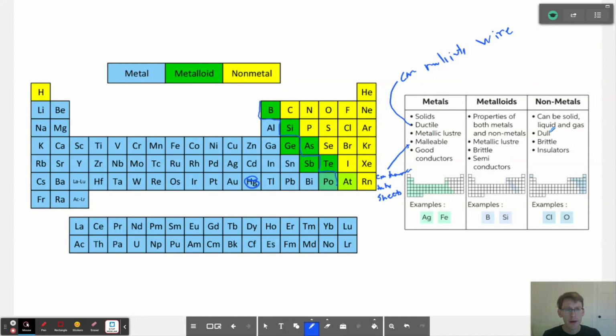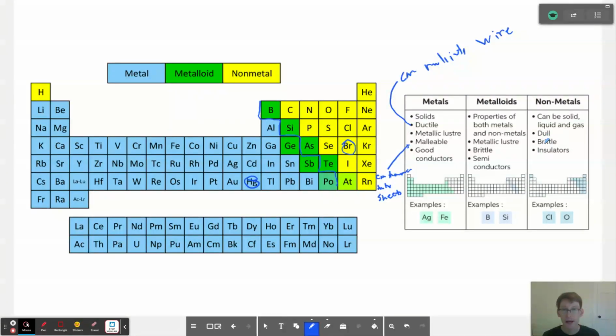Nonmetals could be solids, liquids, or gas. Most of them will be gases. There's only one other liquid on the periodic table, and that's bromine. So mercury and bromine are the only two liquids at room temperature and normal pressure. There are some solids: carbon, phosphorus, sulfur, selenium, iodine, and astatine. Otherwise, we have gases. They are dull, they're not shiny looking.